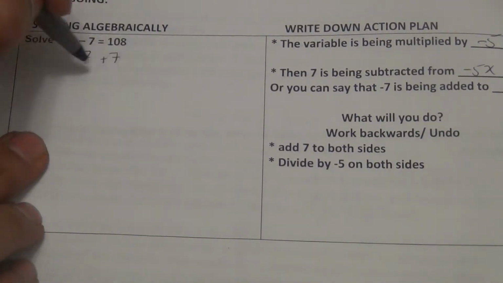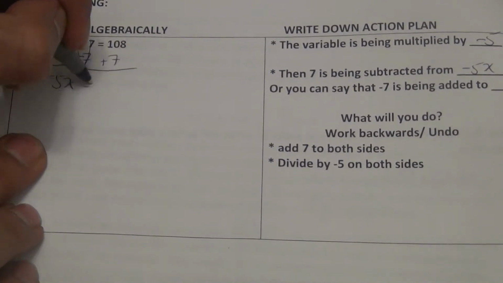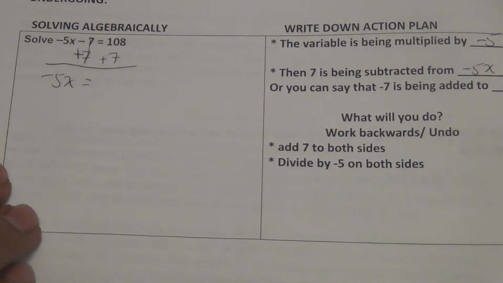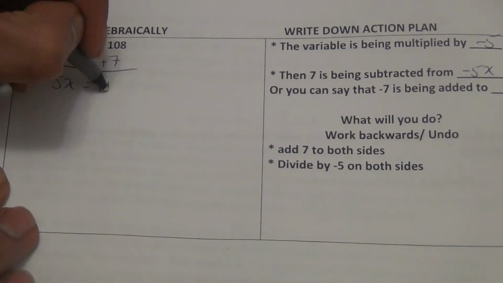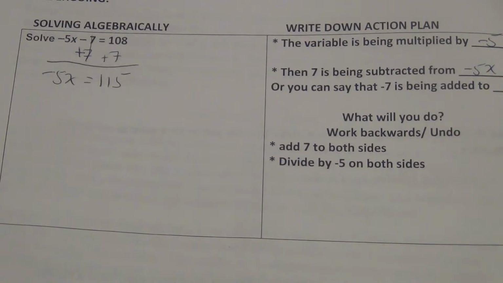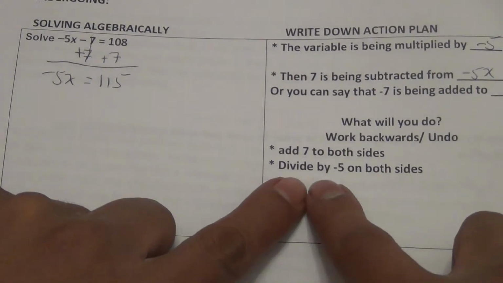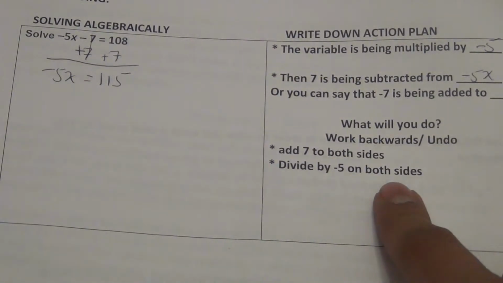Add 7 to both sides. And then the easy way out is to divide by -5 on both sides.